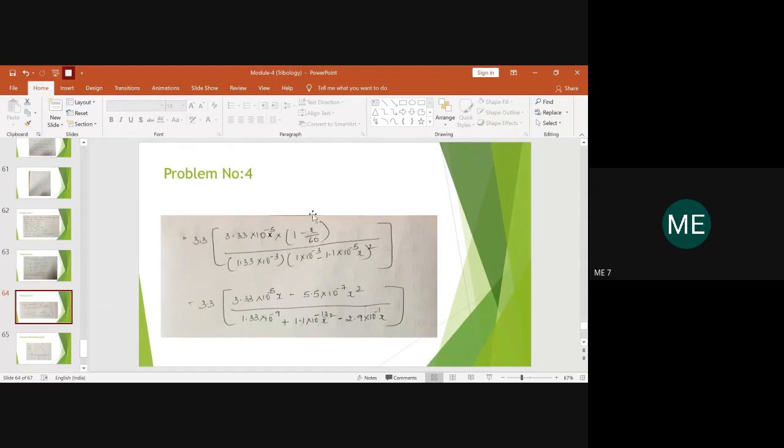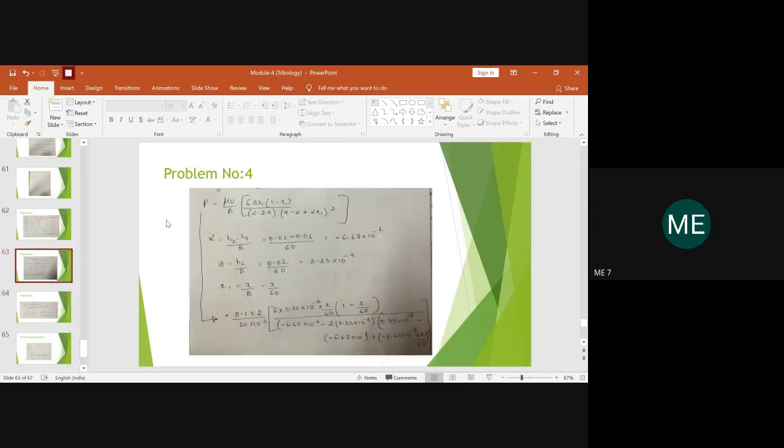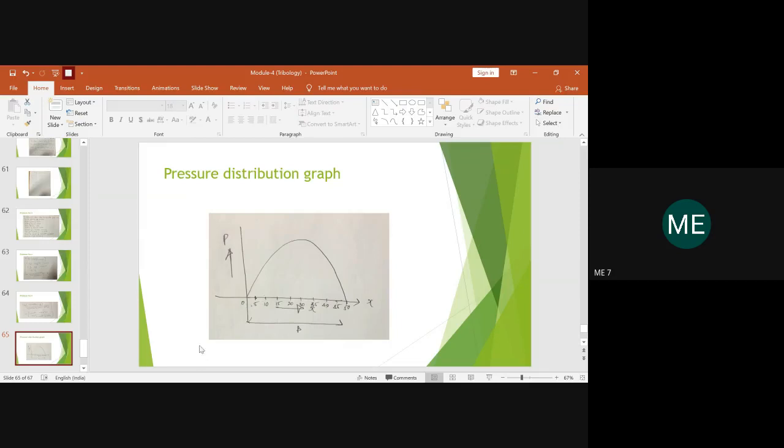For different values of x, you will get different values of pressure. Because this is the pressure equation what we are using, you will get different values of pressure. Once you get different values of pressure, for the values of x, you have to take the graph sheet, take the values of x along your x-axis and values of p what you have obtained along the y-axis. Then you try to draw the graph.